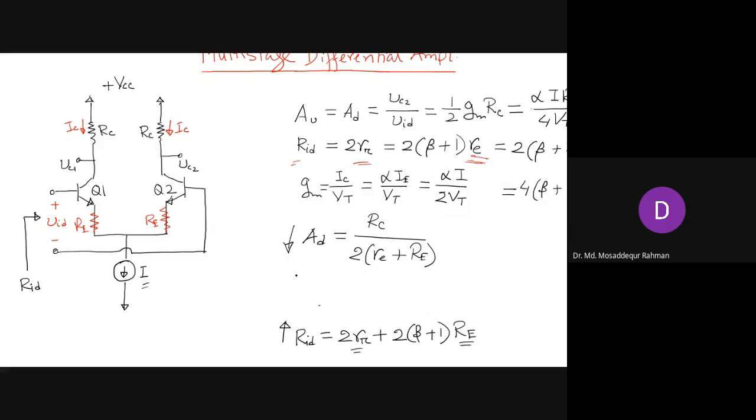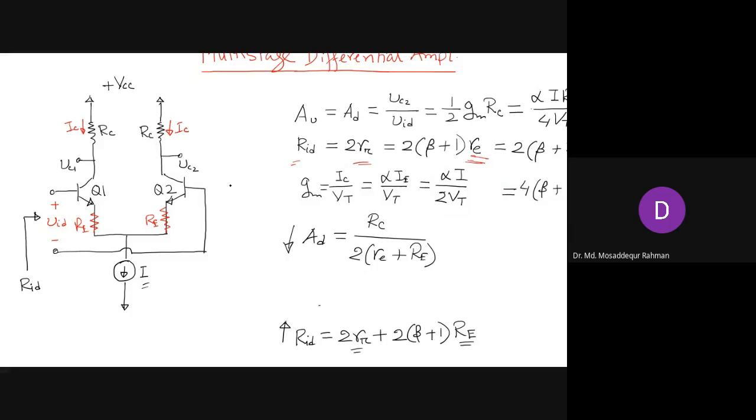That is why these two are mutually conflicting requirements: high input resistance and, at the same time, high gain of the amplifier. So it is difficult to achieve both requirements in one single stage.